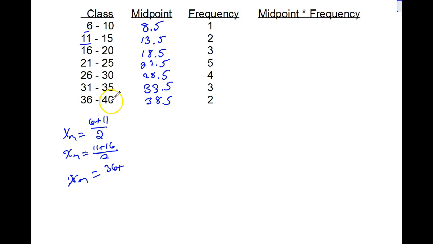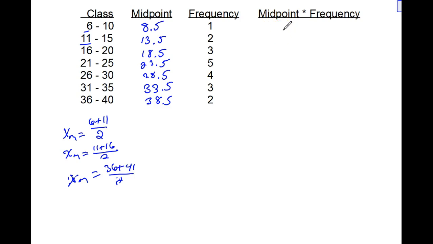If this class ended at 40, the next class will start at 41. So I'm going to take 36 plus 41 and divide by 2. And that gives me my 38.5. So I have my midpoints. At this point I ignore the first column, the class column, and I'm just going to use the midpoint and the frequency.